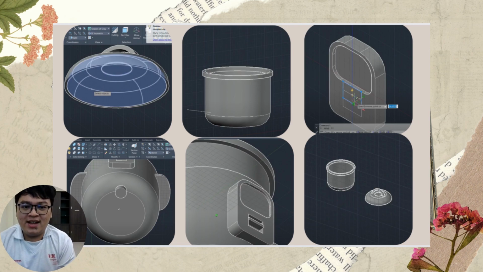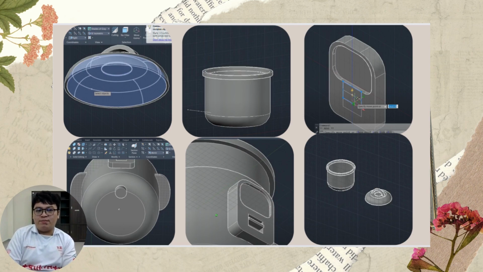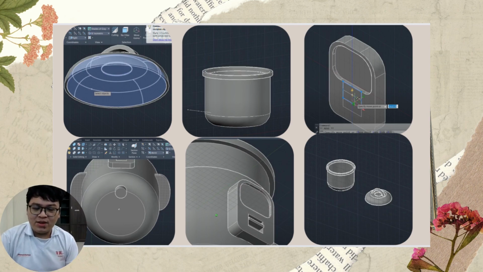So for this design, we include six designs for the rice cooker. And as you can see, there is a lid, the switches, the rice cooker itself. And we screenshot the process of making the rice cooker, to be explained later on in the video that will be attached later on.